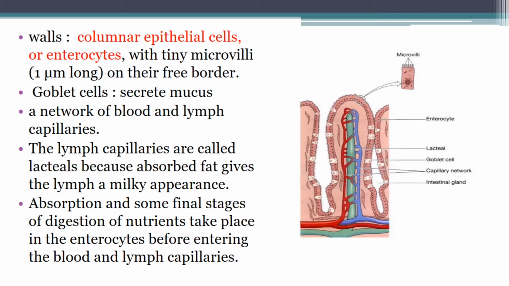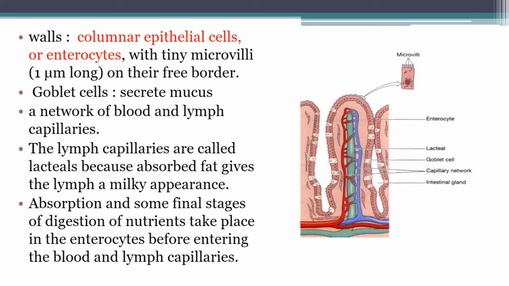That's why the lymph capillaries in the small intestine are called the lacteals. Now you can see in the figure the green portion of the area, that is the lacteals. Lacteals are only found in the small intestine and have a milky appearance. That's why they are called the lacteals.